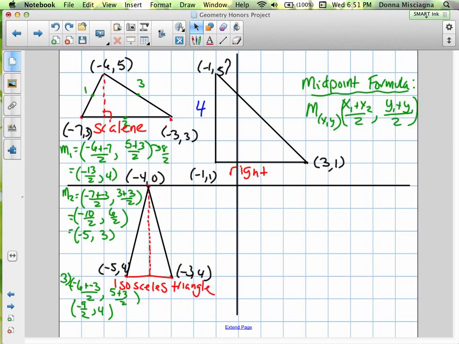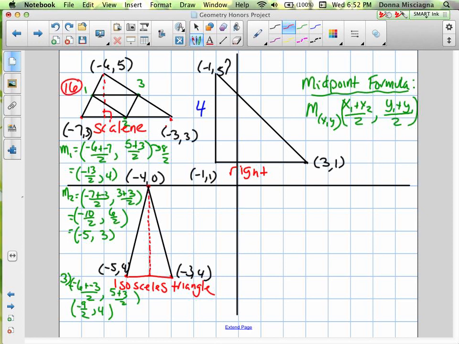All right, and then you'll use a ruler. I'm kind of stuck with this line tool. You'll just connect your midpoints. Oh, excuse me. Well, this one is number 16.